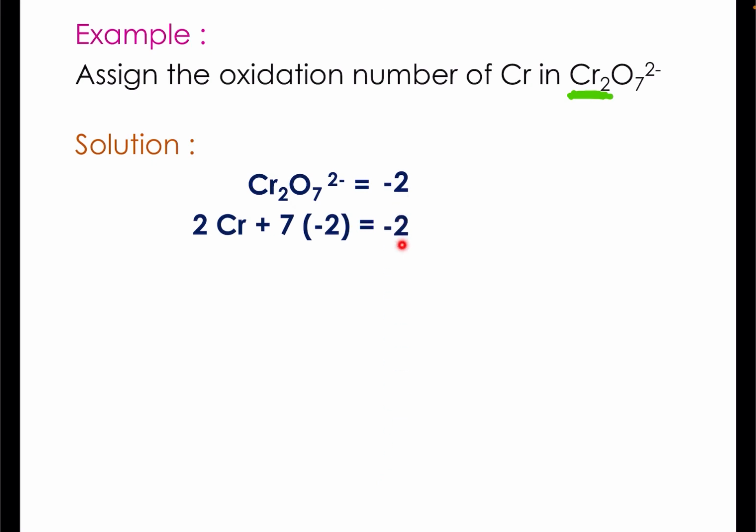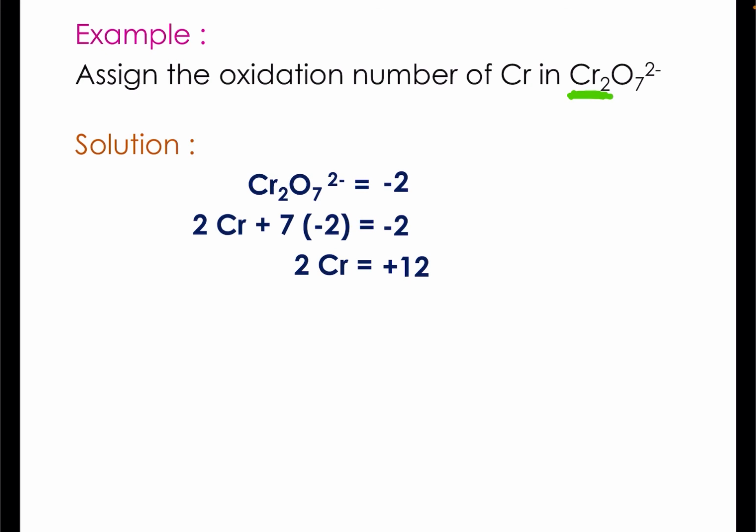Still same. So, how I want to calculate my unknown is 2Cr. So, saya bawa lah 7 times negative 2 ke sebelah sana. So, do your maths here. You will have 2Cr equals to positive 12. Please, jangan lupa letak positif sebab positif di sini tak sama dengan maksud dalam matematik.